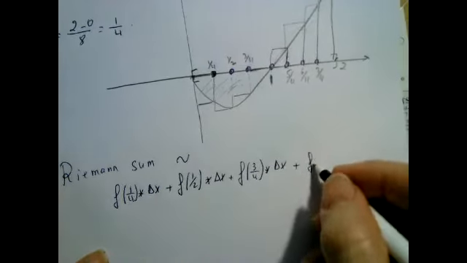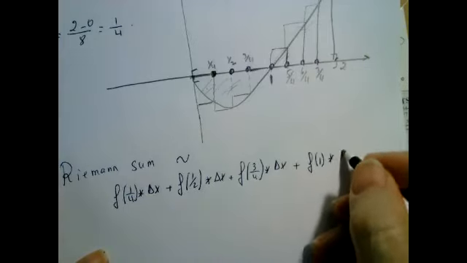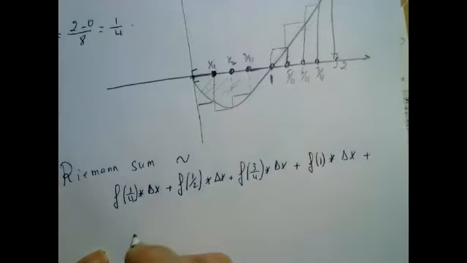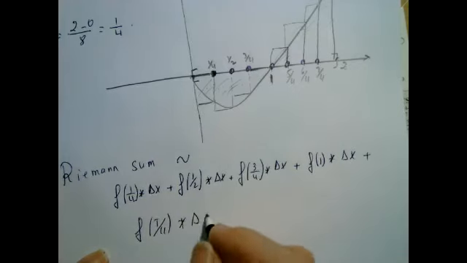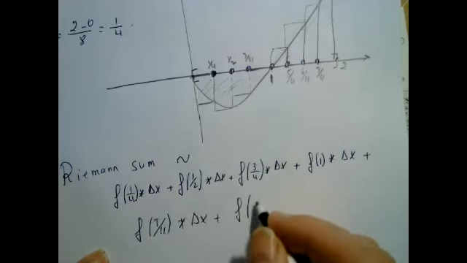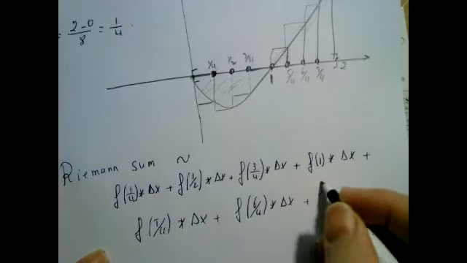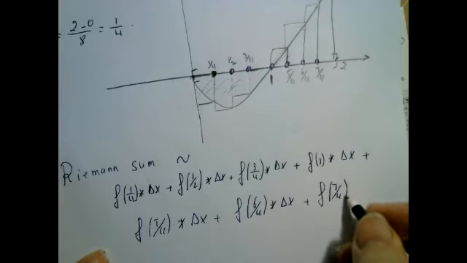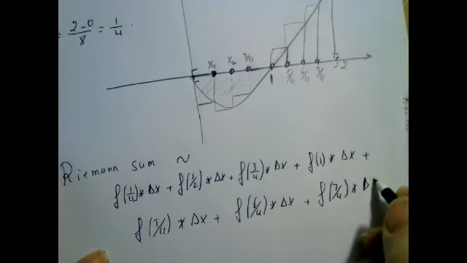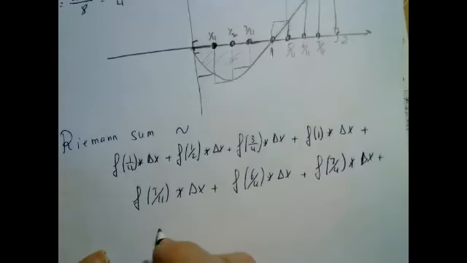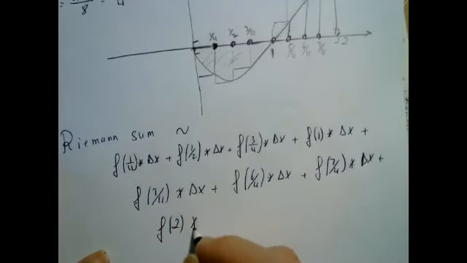The value at 1 times delta x, then the value at 5/4 times delta x, at 6/4 times delta x. It is tedious, so that's why I will give you the answers. We're not going to do that. Plus the value at 2 times delta x.